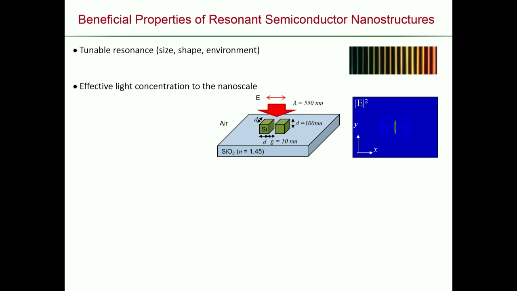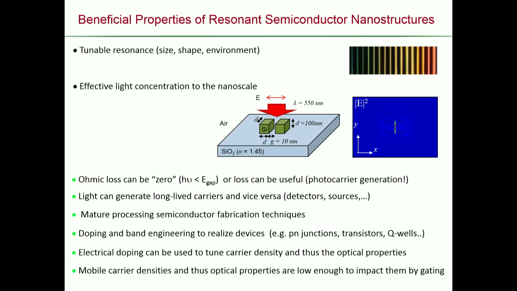And these field enhancements are not as high, but pretty close to those that you can obtain with metals like gold and silver. So light manipulation and high field concentration, two of the trademarks of plasmonics, you can do with semiconductors too, but there are a lot of additional advantages if you can manipulate light in semiconductors.